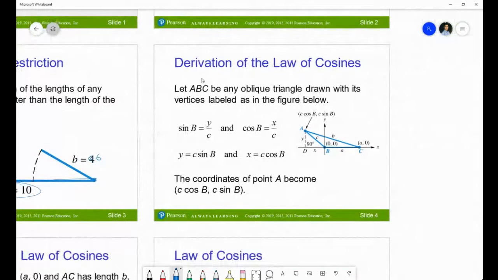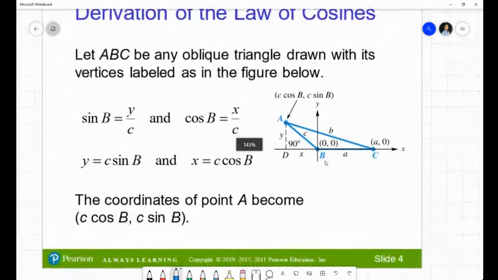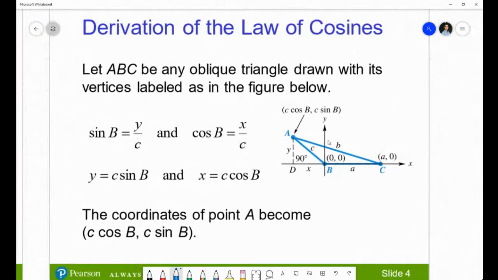All right, so deriving the law of cosine is kind of tedious, but not that bad. Let ABC be any oblique triangle drawn as follows. The sine of B, so we have our angle B here, is y over c.